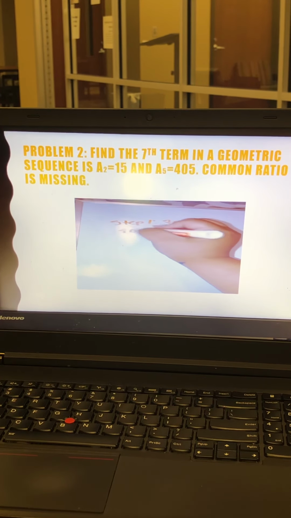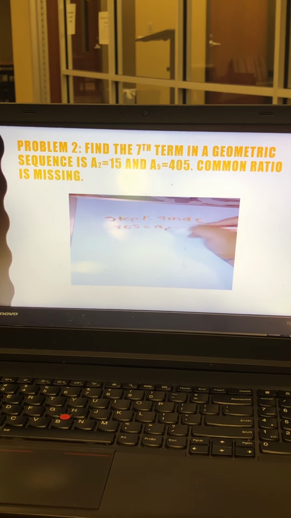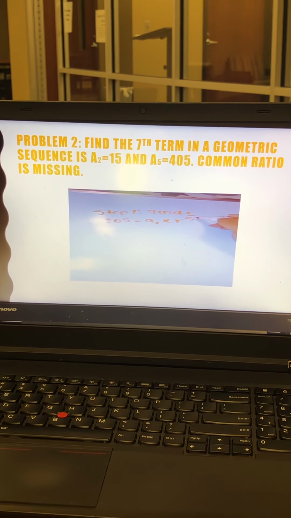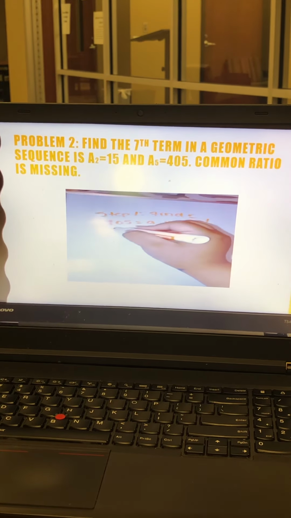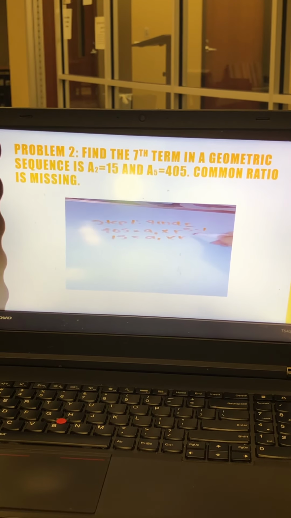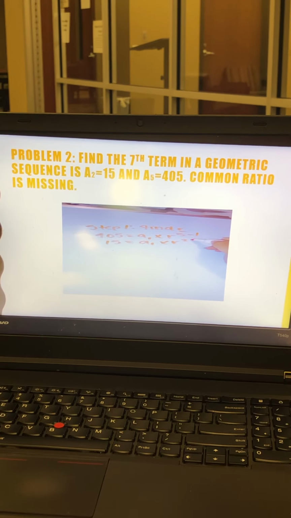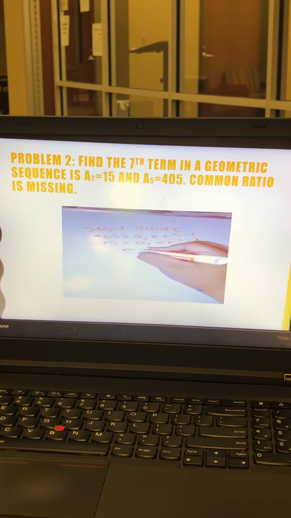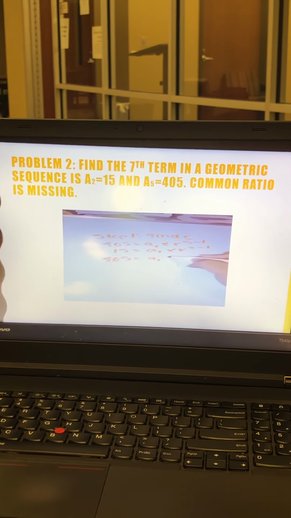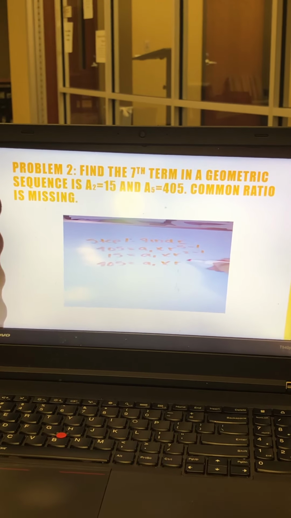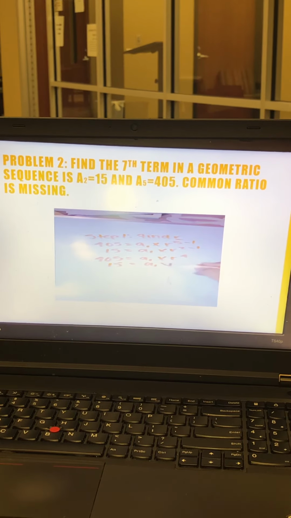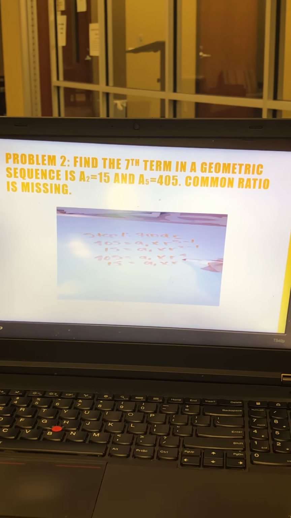So we have 405 equals the first term times the common ratio raised to our term number minus 1, and 15 equals the first term times our common ratio raised to our term number minus 1. Rewriting this, we have 405 equals a sub 1 times r to the 5 minus 1, which is 4, and 15 equals a sub 1 times r to the 2 minus 1, which is 1.